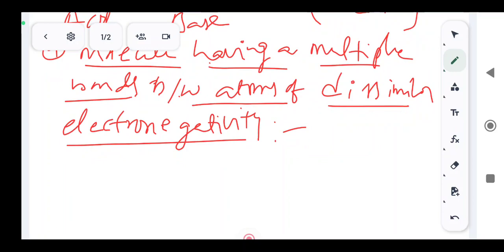If a multiple bond between atoms of different electronegativity is there, that also acts as a Lewis acid.